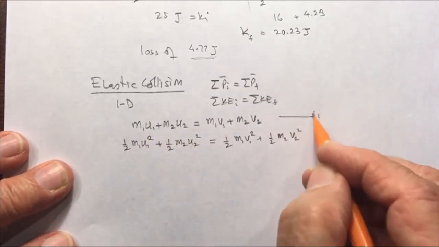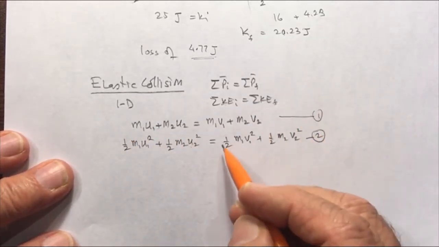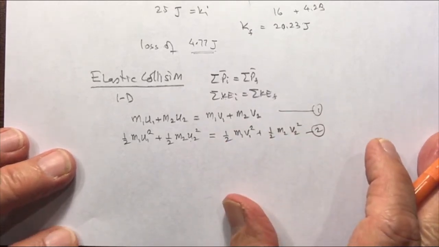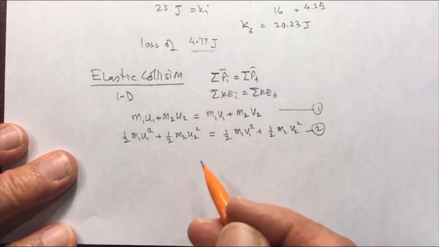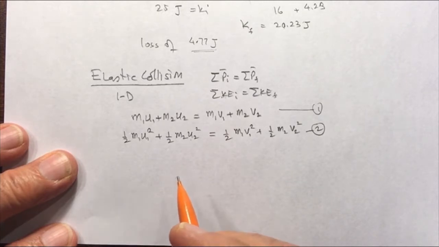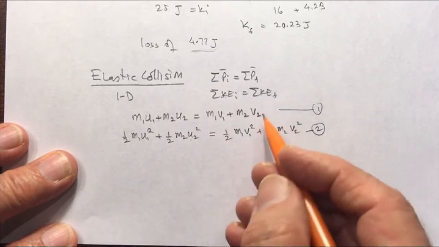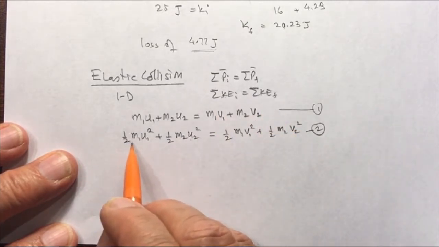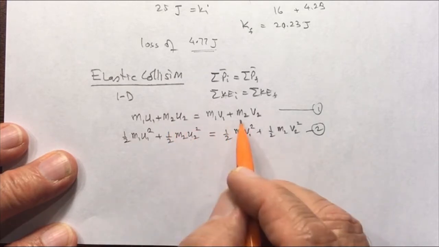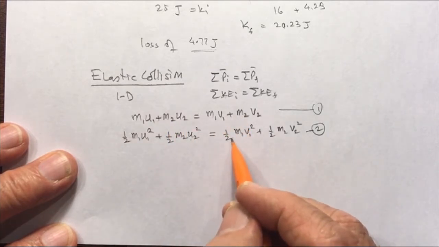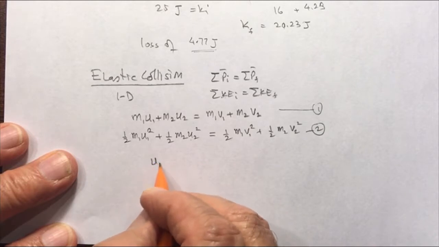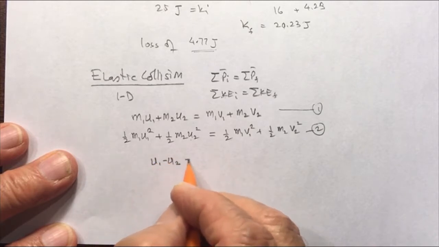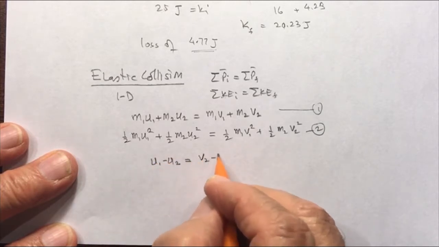Now this is equation 1, this is equation 2, and it requires some manipulation, after which, well, it's all done in the textbook, you can check over there. So just to save some time, I'll just write the final equation. So by manipulating this and using this in it, we can rearrange the second equation to get u1 minus u2 equals v2 minus v1.